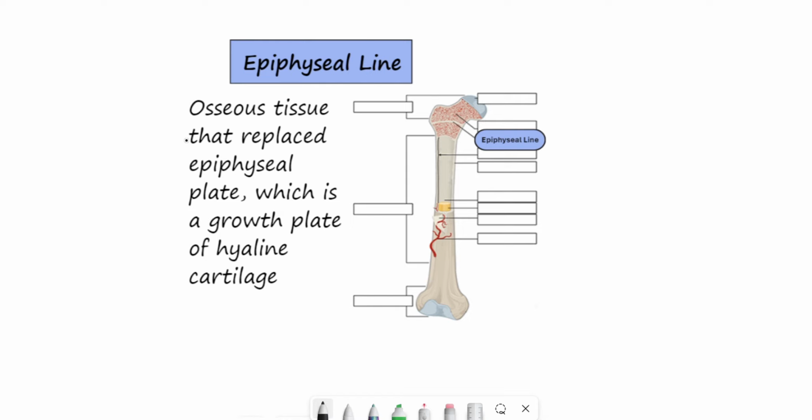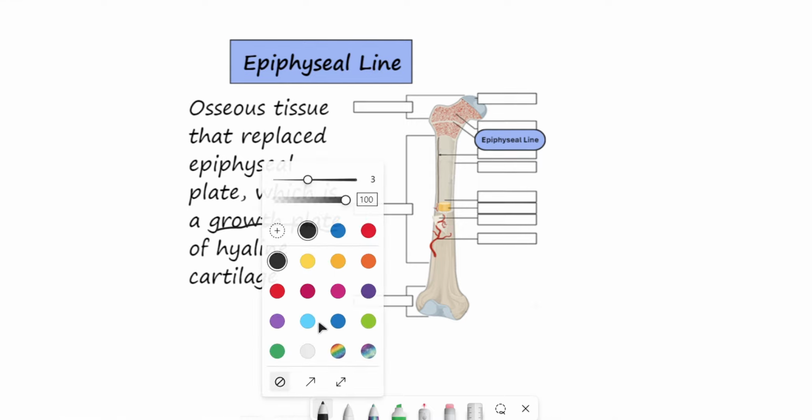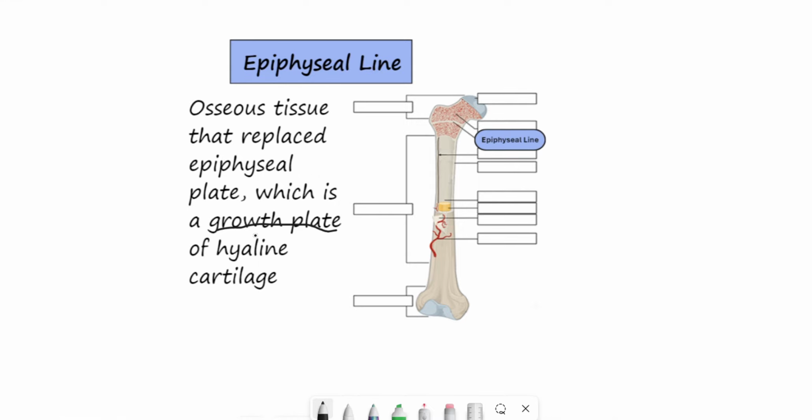Like I just said, the epiphyseal line is osseous tissue that replaced the epiphyseal plate, which is the growth plate of hyaline cartilage. As you get older, you can grow, and then when you get to the point where your height has stopped growing and you're plateauing for the rest of your life, that epiphyseal plate, which is made of hyaline cartilage, is replaced with osseous tissue, which is bone tissue.